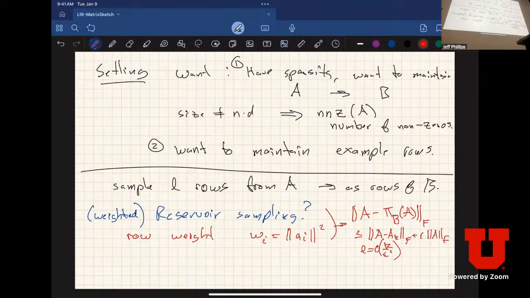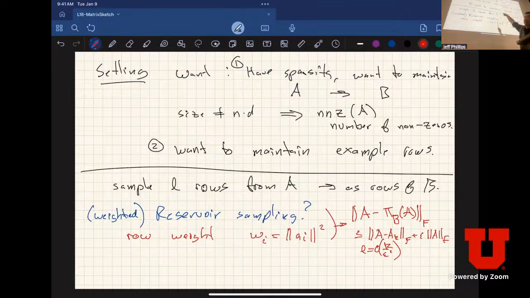So K over epsilon squared instead of roughly K over epsilon. If I want to go from 10% to 1% error, I need an extra factor of 100 rows in the sample. So it's a weaker bound, but I get these properties.